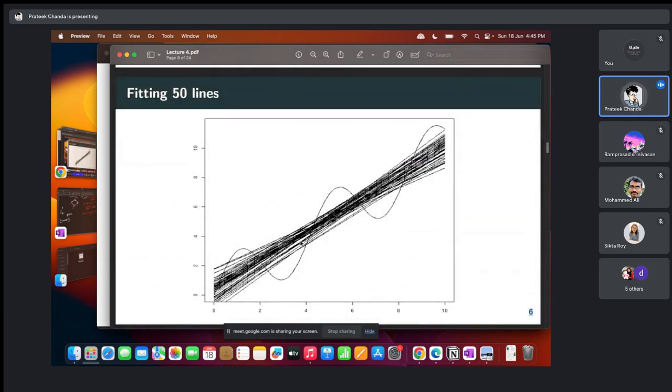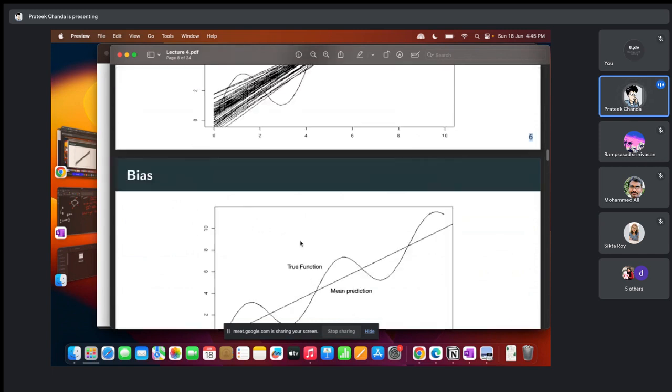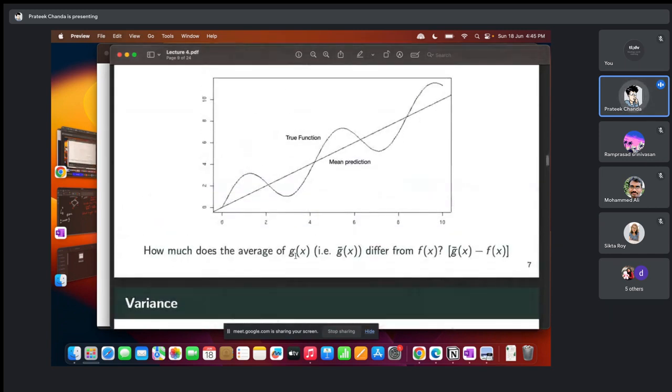Each line is represented by g(x), so it can be g1(x) for one line, g2(x) for another line, g3(x) for another, and so on. The average of all g(x), the mean prediction, I denote as g bar of x, which differs from f(x), the true function.